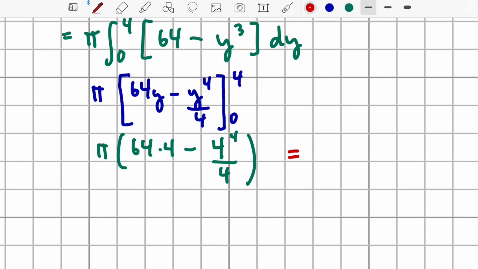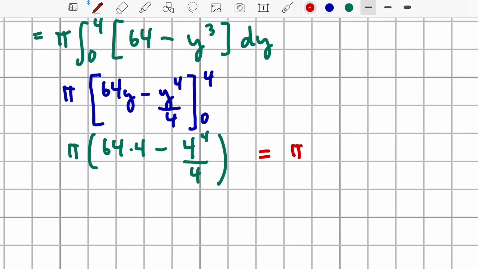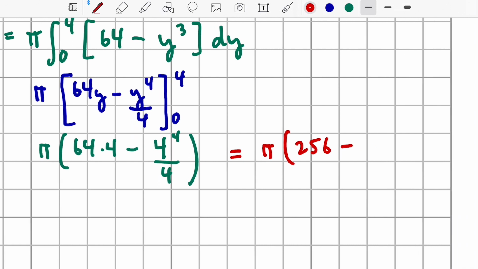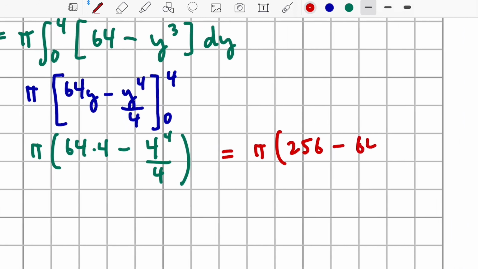Now we use a calculator and multiply 64 times 4, that is 256, so pi times 256 minus, and if I do 4 to the 4th divided by 4, that will be 64.